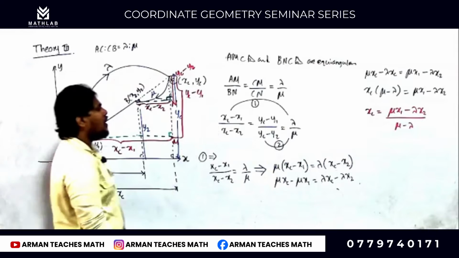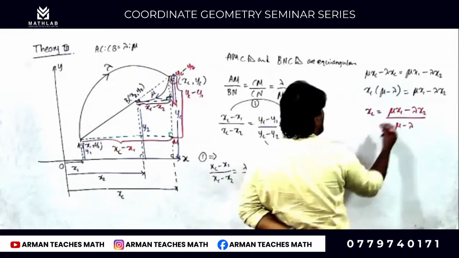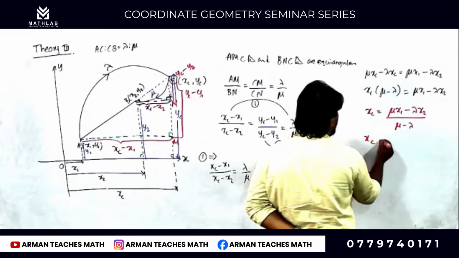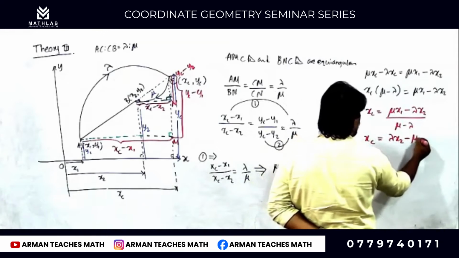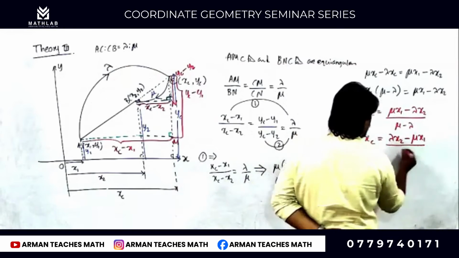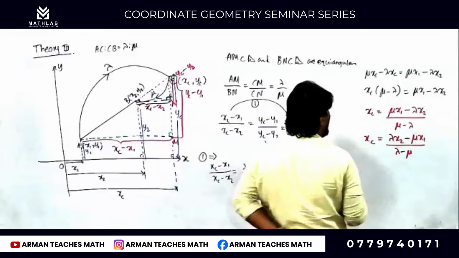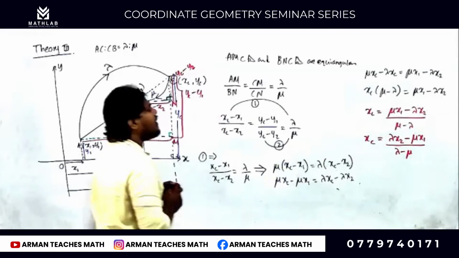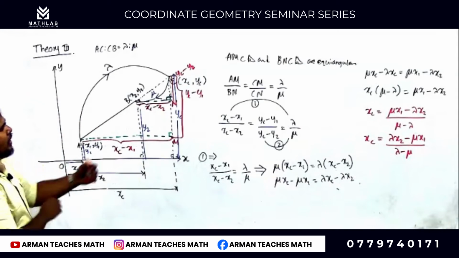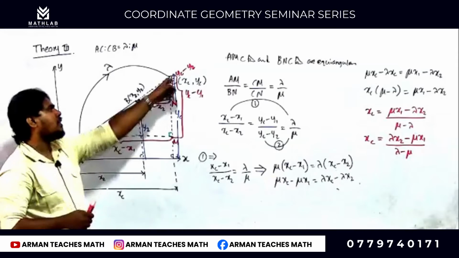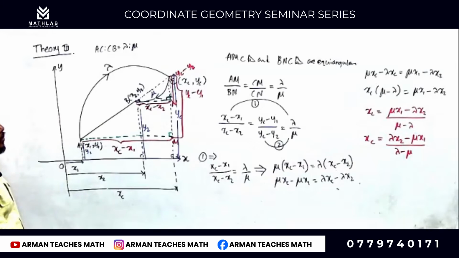What I am going to do is divide both numerator and denominator by minus, or take a minus as a common factor from both. We get XC equals lambda X2 minus mu X1 divided by lambda minus mu. I have taken minus from both numerator and denominator, so minus and minus cancel out. So we get the X coordinate of that capital C point, which is the externally dividing point: lambda X2 minus mu X1 over lambda minus mu.